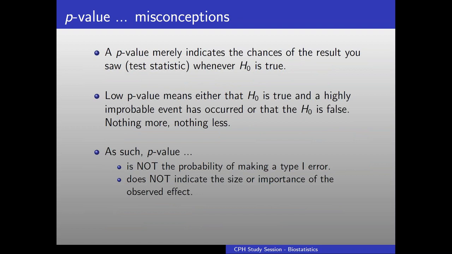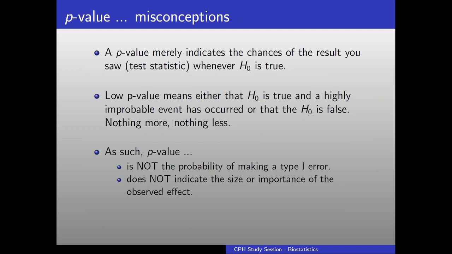All right. Some misconceptions about the p-value. The p-value merely indicates the chances of the result you saw, your test statistic, whenever the null hypothesis is true. So it's giving you the probability of seeing what you observed under the null hypothesis. Actually, it's what you observed or more extreme.